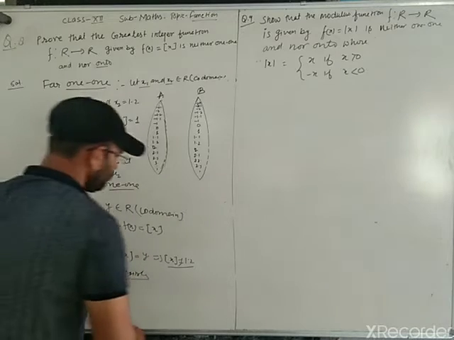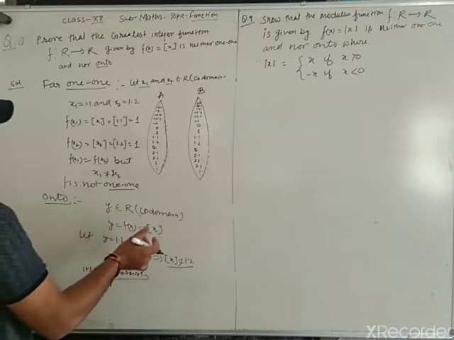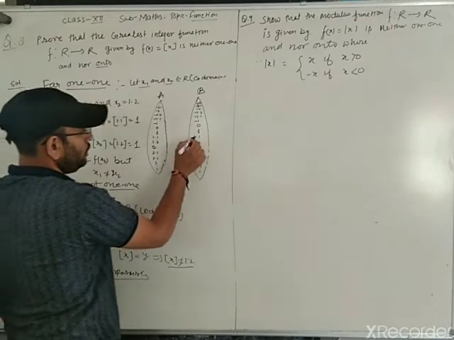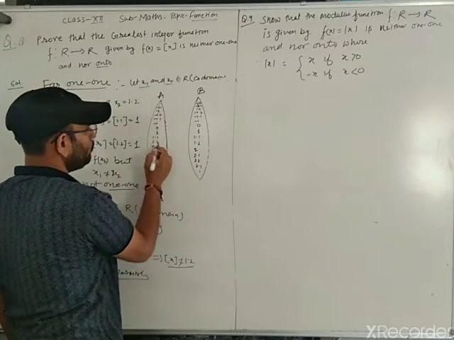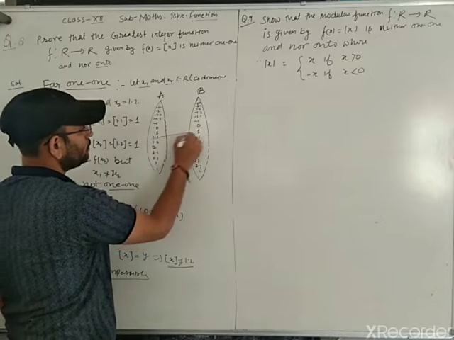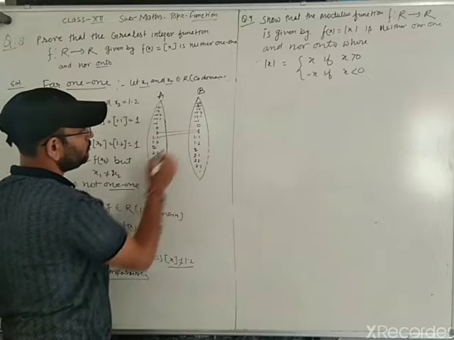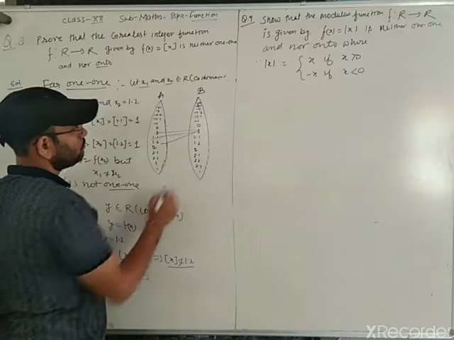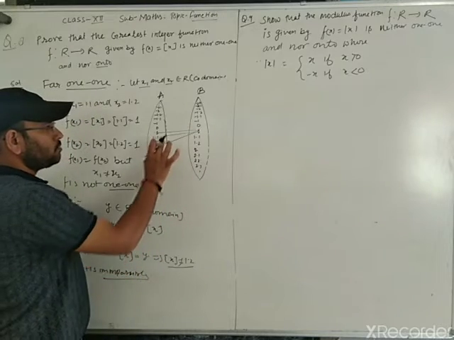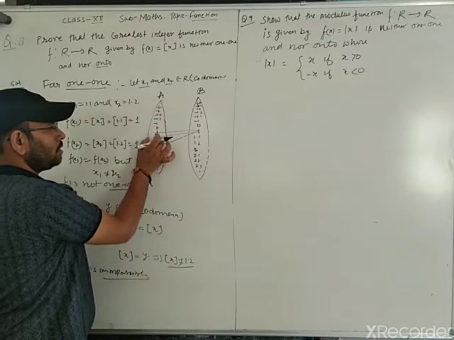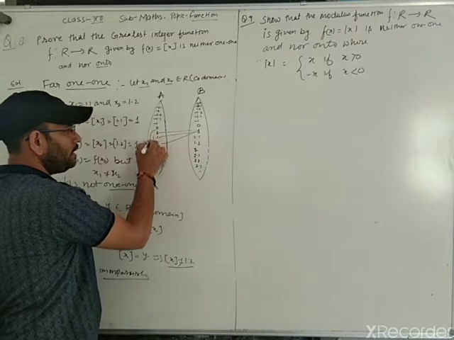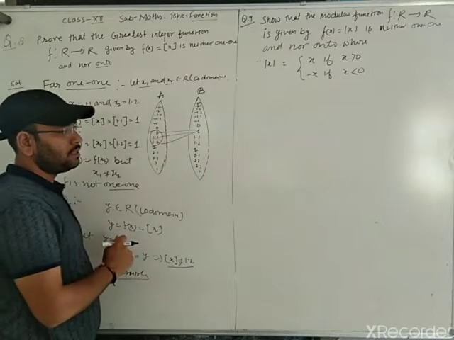So it means it is impossible. So we can say what happened? Just look at that. When you put the value 1.1, what do you get? 1. When you put 1.2, you get what? 1.